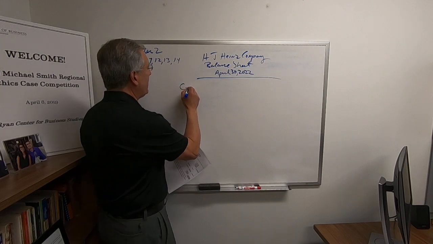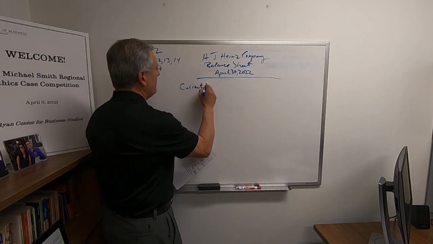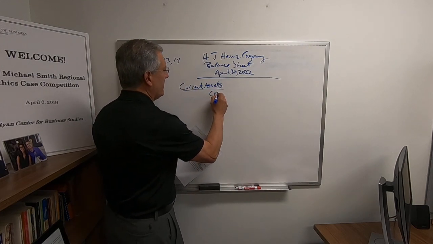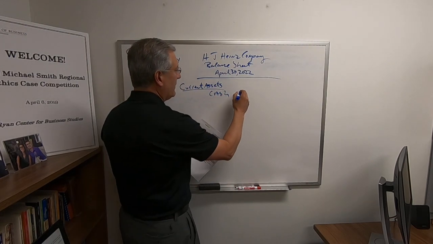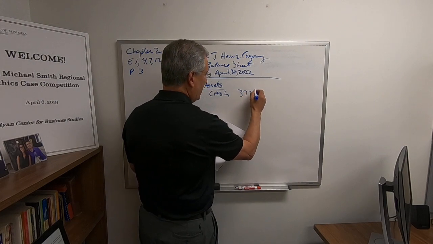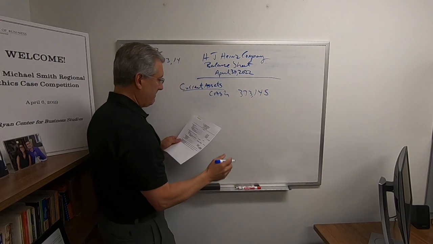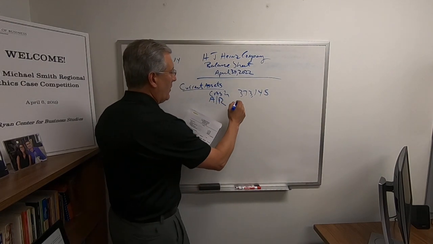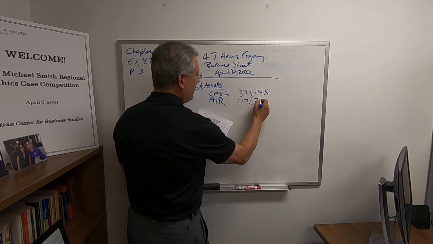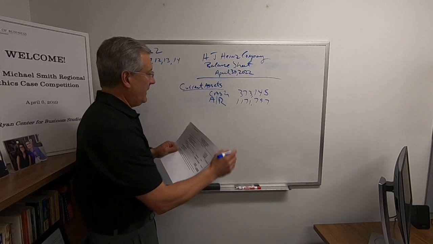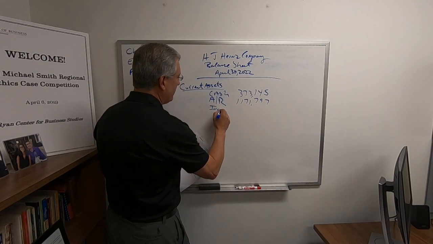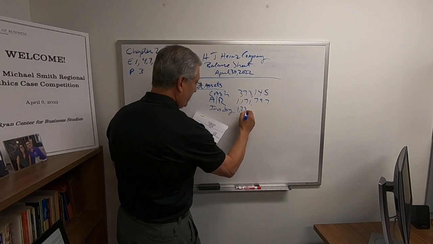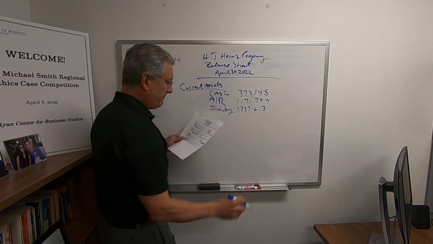And we want to start with our current assets. Remember, in the order of liquidity, we have cash, the most liquid, $373,145. Accounts receivable, I'm going to abbreviate AR, 1,171,797. Inventory, 1,237,613.